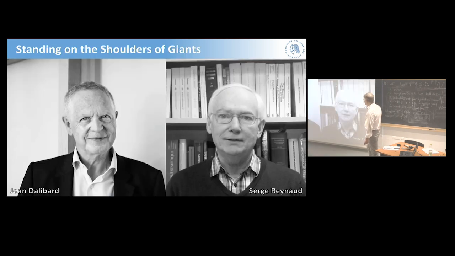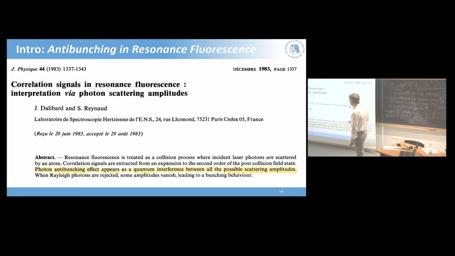And so all what I will be presenting you now has been worked out by Jean Dalibard and Serge Reynaud, who only a few years after this work by Kimble actually reanalyzed these correlation signals in resonance fluorescence by saying, let's look at photon scattering amplitudes.